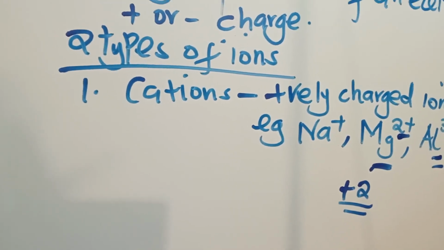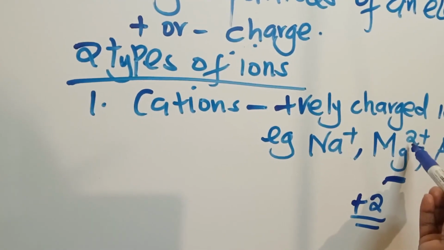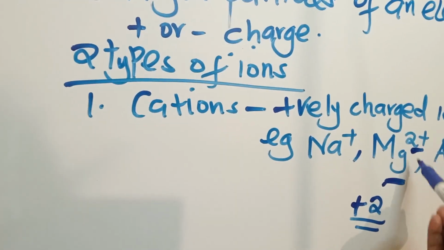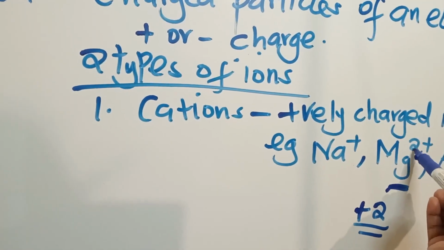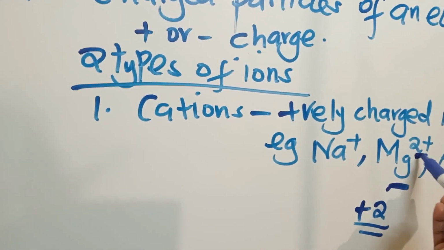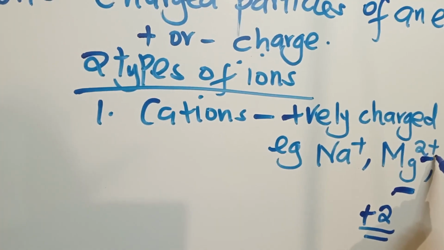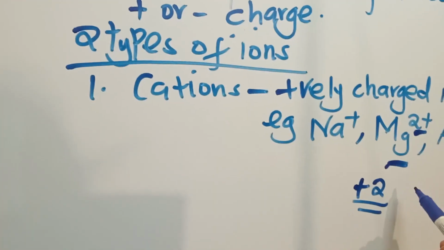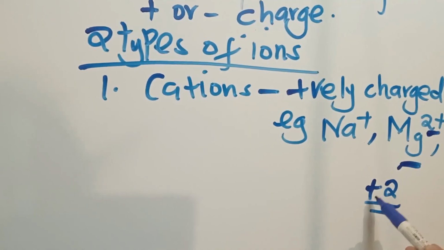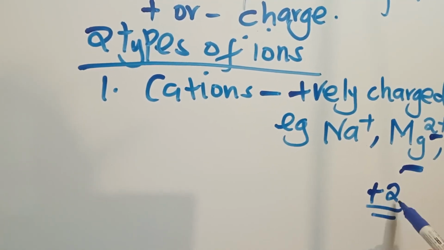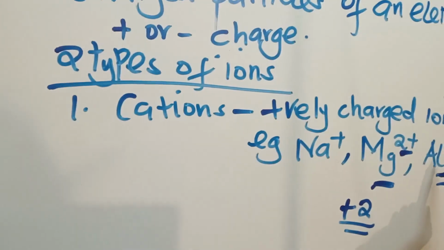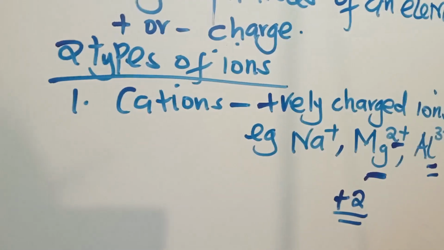So note the difference. When you're writing the charge, the number comes first, then the charge next. But when you're writing the oxidation number, the charge comes first, followed by the number. And the same would happen for aluminium.